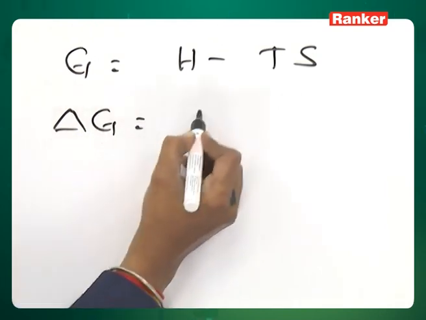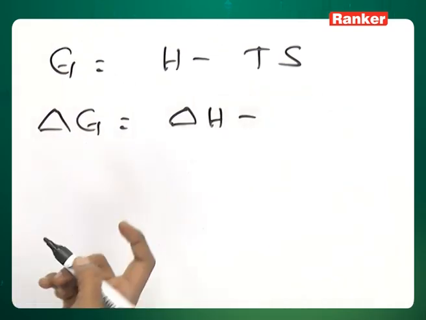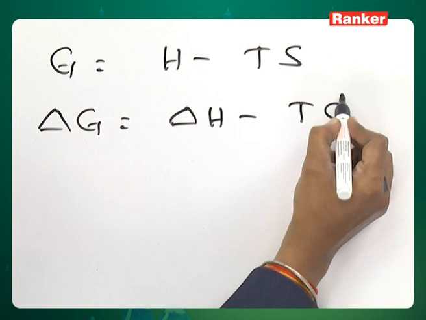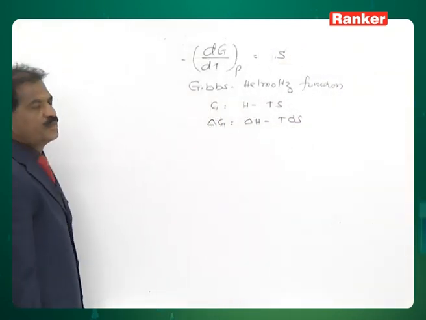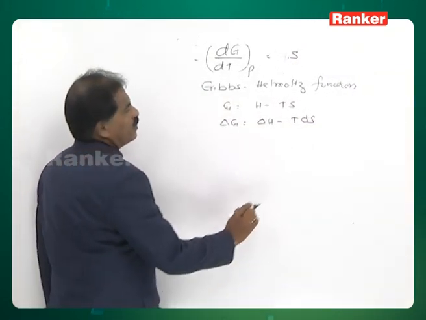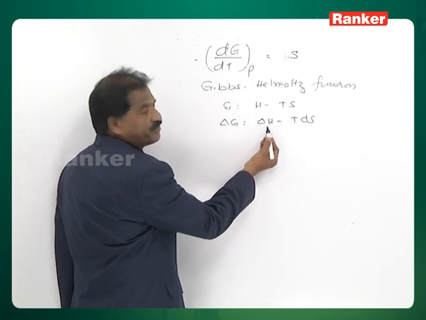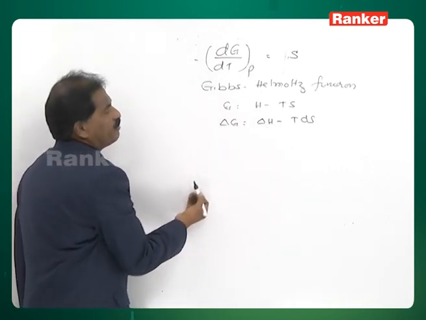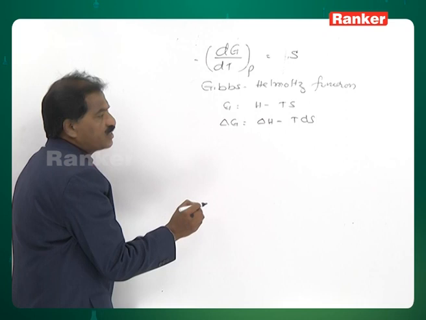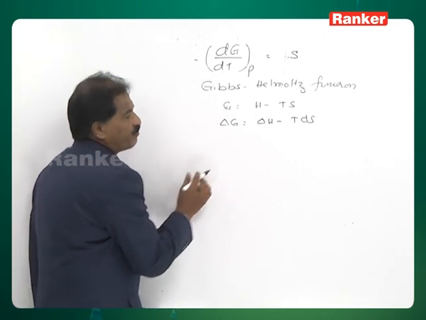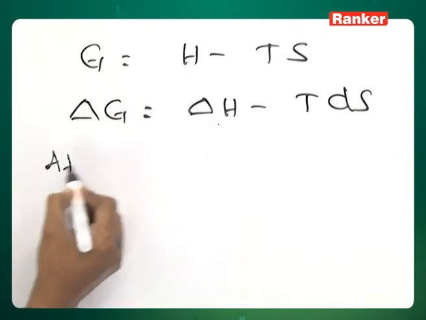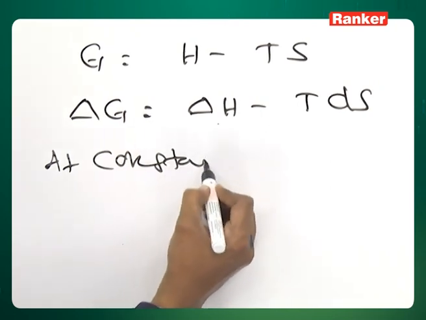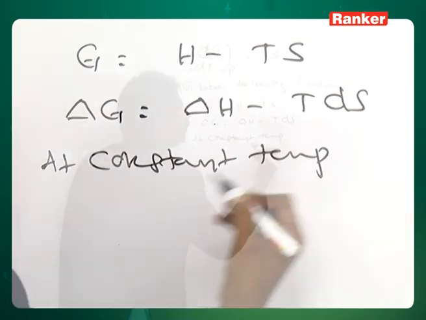Change in free energy is equal to change in enthalpy minus T dS. This is called the Gibbs-Helmholtz function. With the help of the Gibbs-Helmholtz function, now we can predict the spontaneity of the reactions at constant temperature.